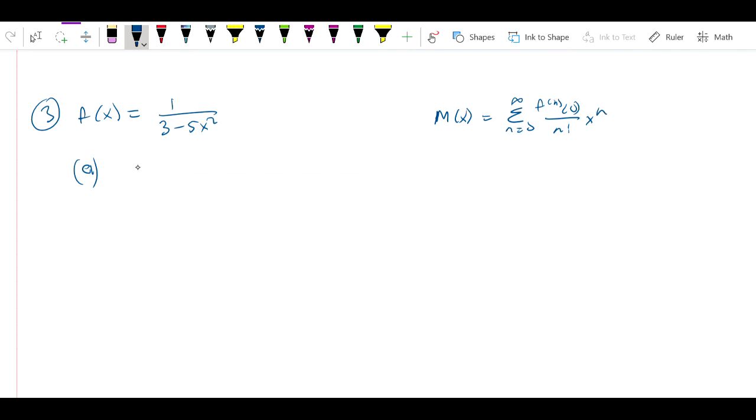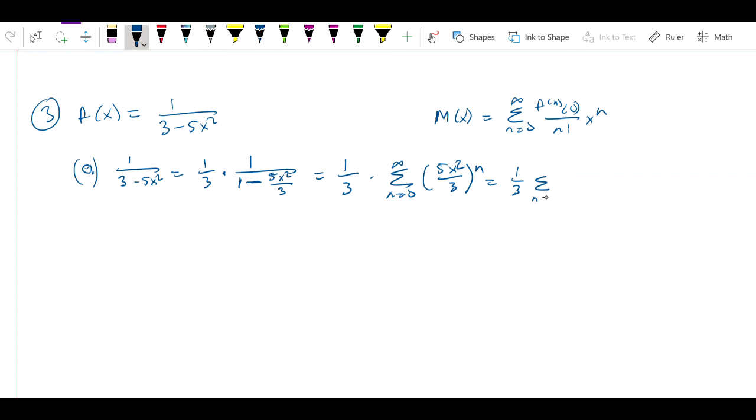So that means that we can do this the way we did in the previous section by geometric expansion. Just observe that 1 over 3 minus 5x squared is equal to 1/3 times 1 over 1 minus 5x squared over 3. That's going to equal 1/3 times the sum from n equals 0 to infinity of (5x squared over 3) to the n.